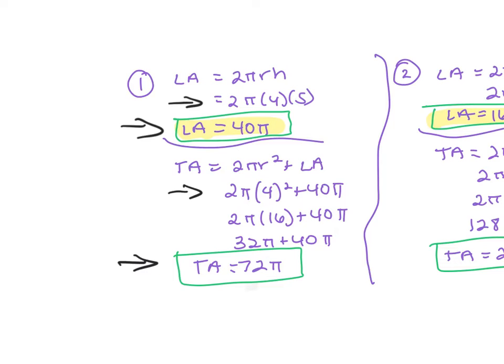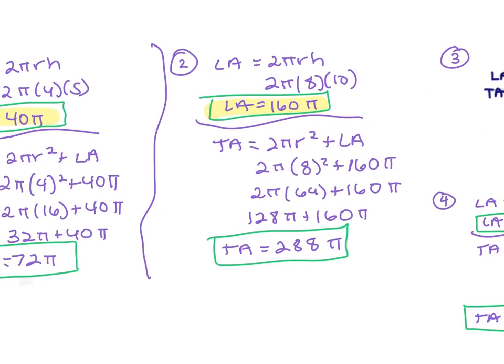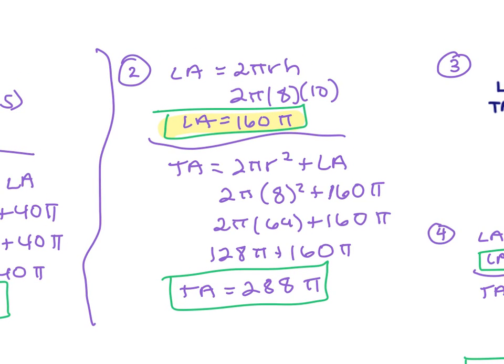Any questions on number 1? Okay, here's number 2. Pretty good on those. This is definitely a lot easier than the prisms and the pyramids. The cones and the cylinders are a lot easier. Pretty good on 2.